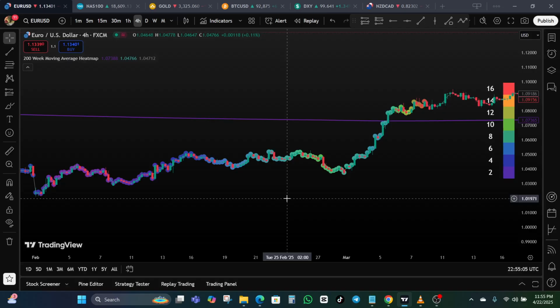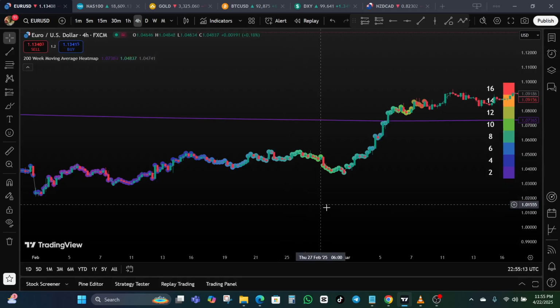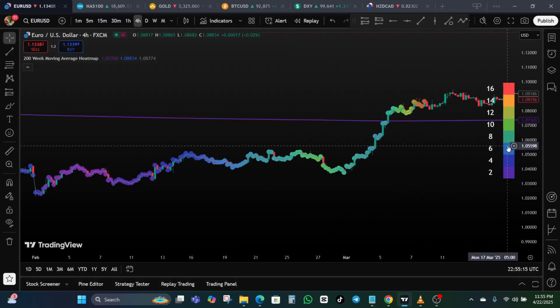It's incredibly visual, which makes it super intuitive. Red zones usually signal overheated markets. Then as the color comes down, like I already said, when it starts coming to green, coming down further to purple and all of that, it shows that things are cold, and historically where the smart money steps in.